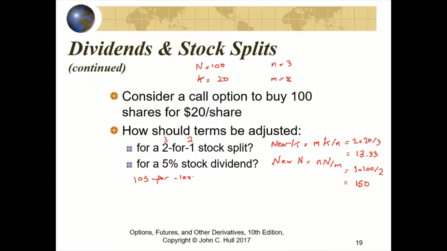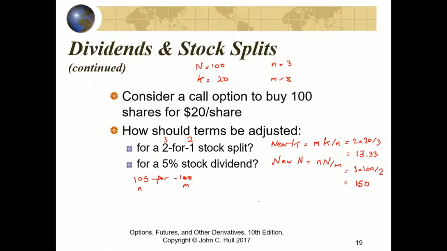Isn't this true? Every 100 stocks will end up having 105. So we proceed the same way we did here. So this will be our n, and this will be our M. So let's do it quickly.